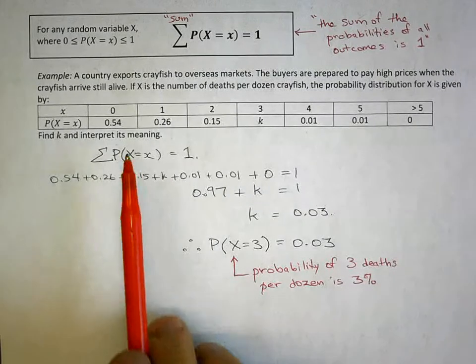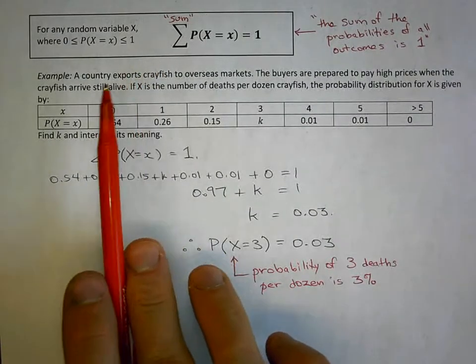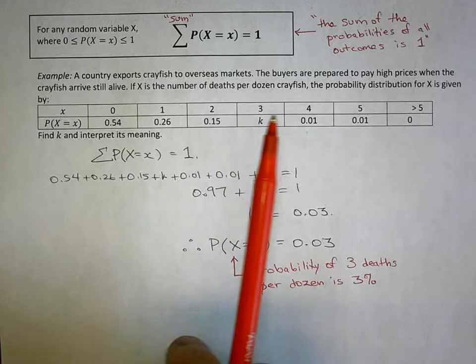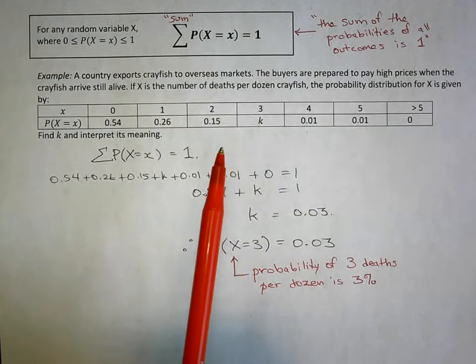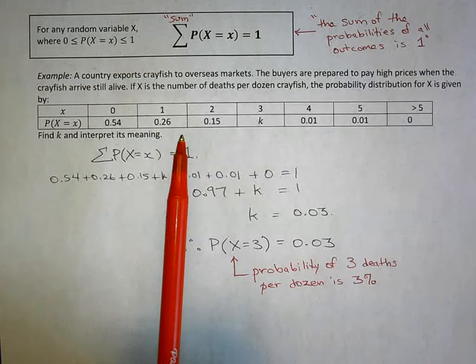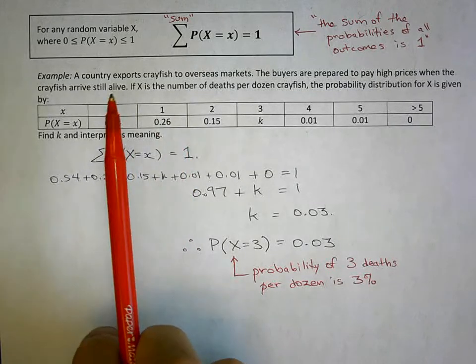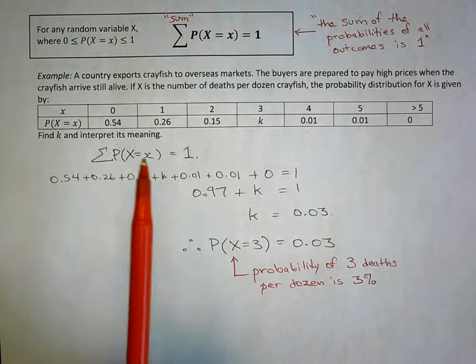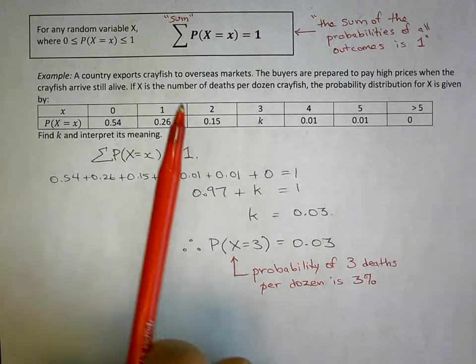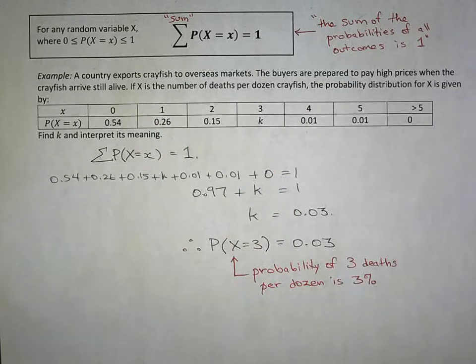Imagine this data would be useful to the company or the country exporting crayfish. They would know then what to expect, how many people to hire to call these countries and make sure they're happy and that they get an extra crayfish, or they would know how often their orders are going to be rejected because they know these statistics.